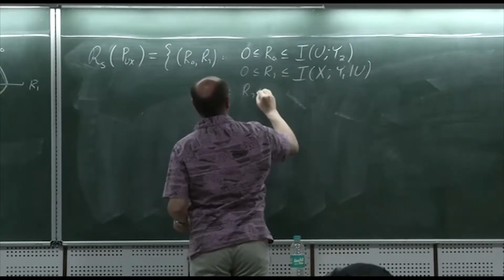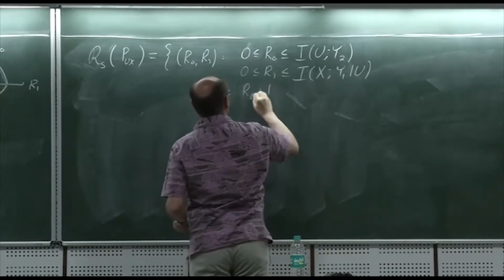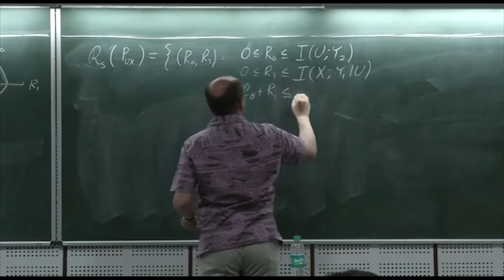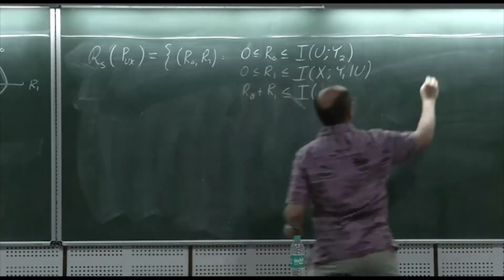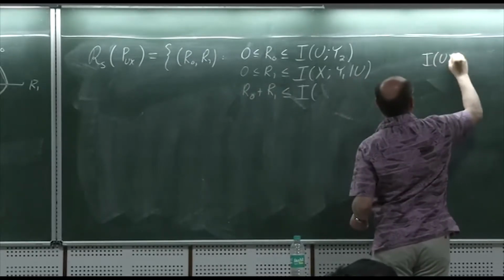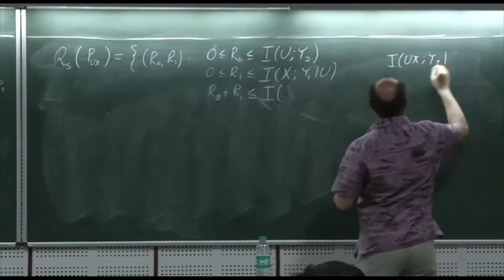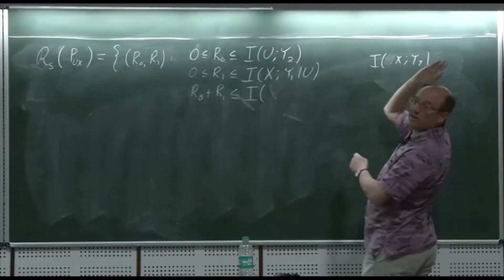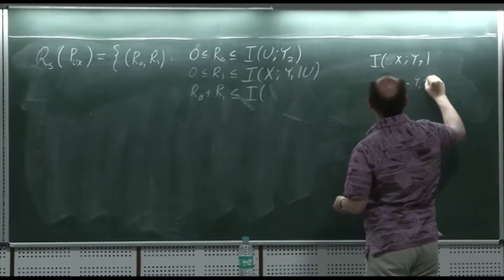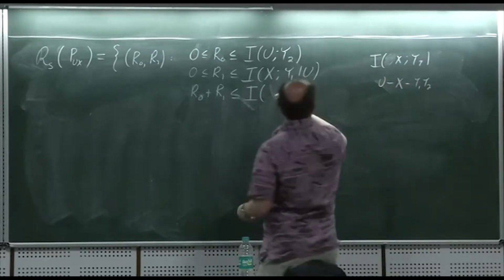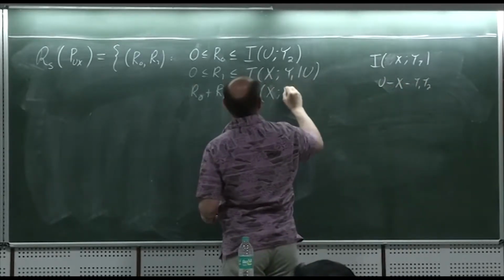R0 plus R1 is less than or equal to I(X; Y1). Well, it was I(UX; Y1), right? But this is the same as I(X; Y1) because U-X-Y1-Y2 is a Markov chain, right? So here I can just write I(X; Y1).